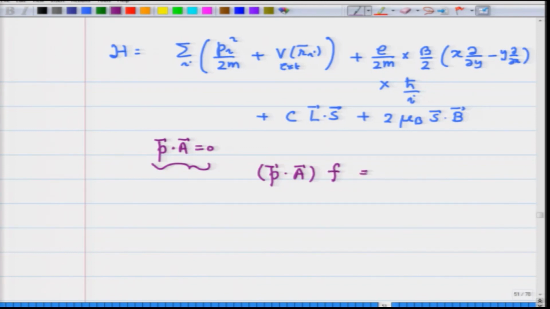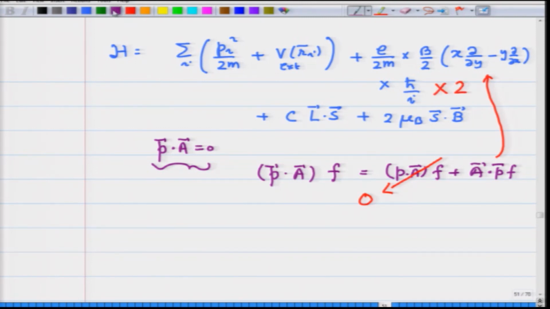So, this will give me P dot A f plus another A dot P f. What I had done there was taken this term to be 0, and I have another A dot P term here. So, I should be multiplying this whole thing by 2.